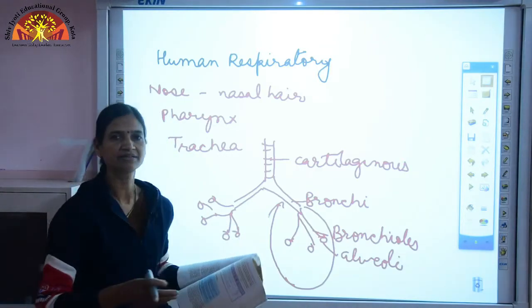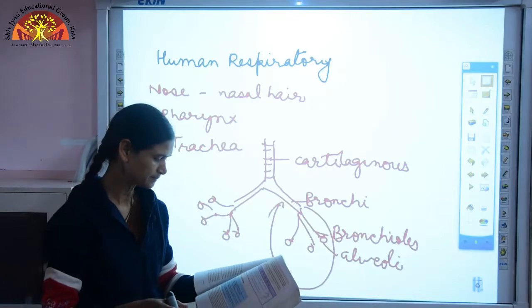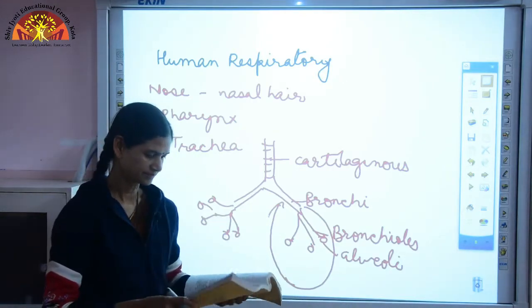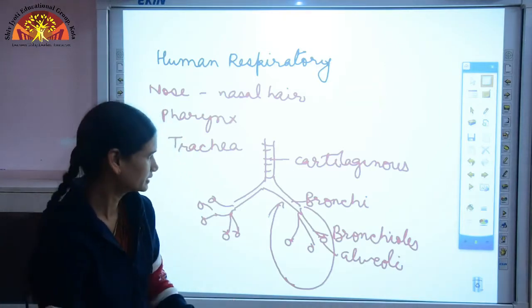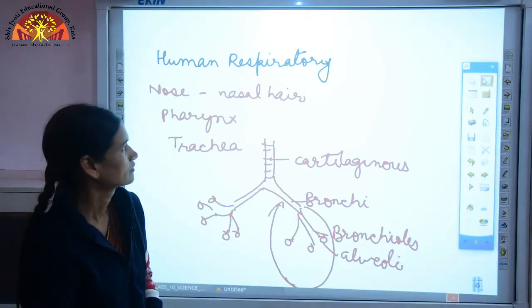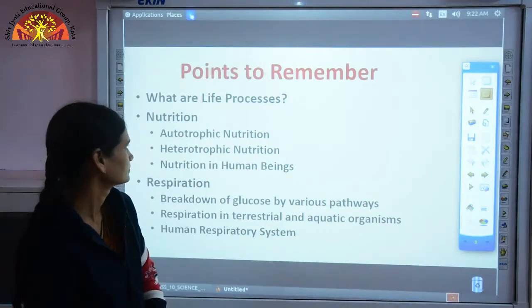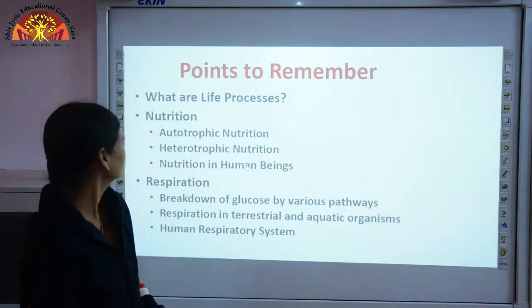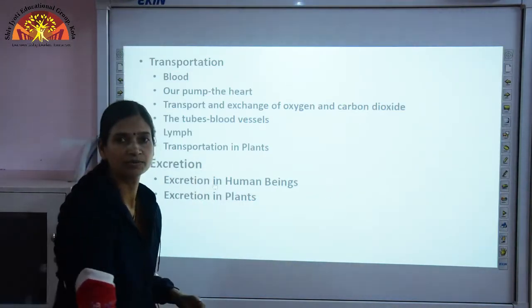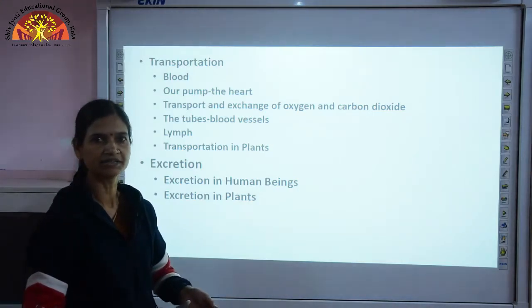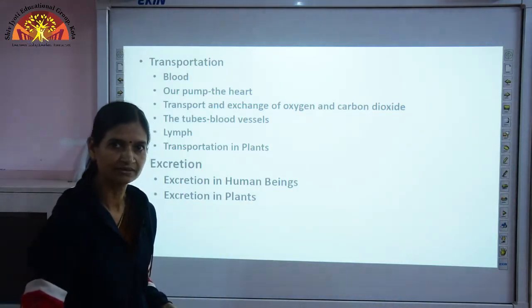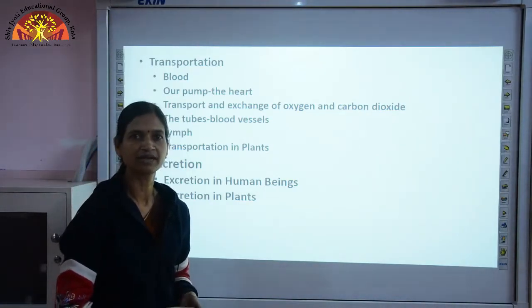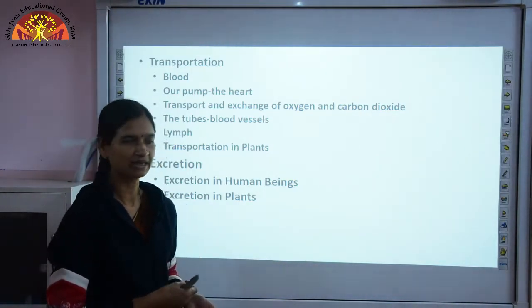Now there is a respiratory pigment which is known as hemoglobin, which helps to carry oxygen throughout the body. Third हमारा important topic है बच्चों, transportation. Transportation means the movement of substances within the body from one organ to another. जैसे हमने कहा, oxygen is absorbed through the alveoli and it is diffused.